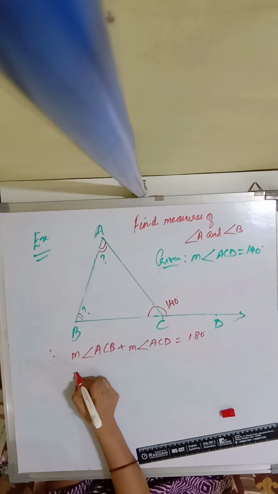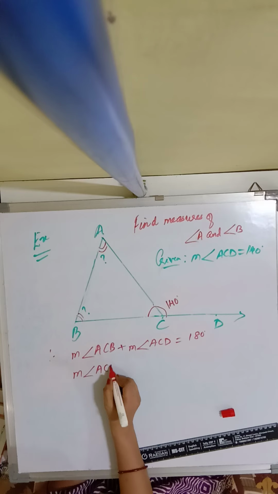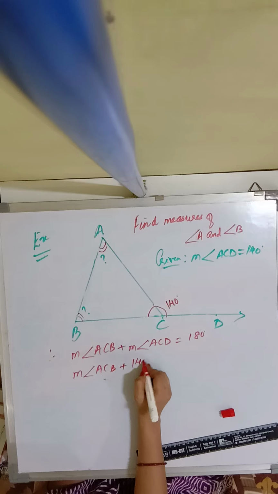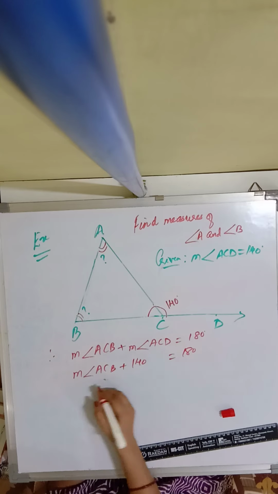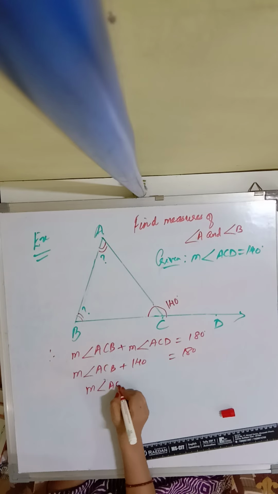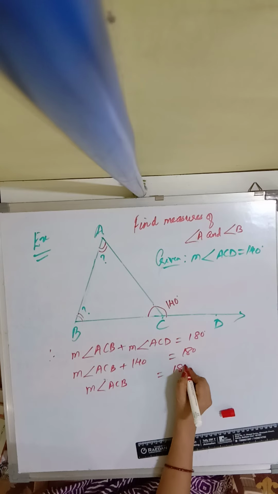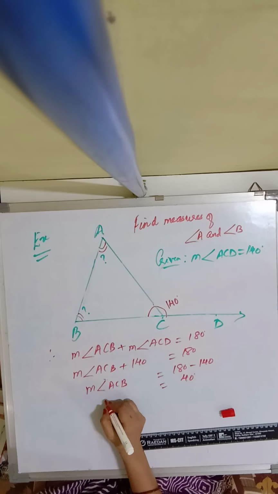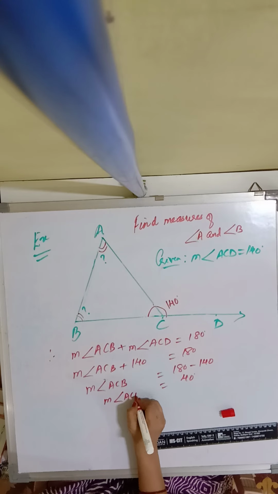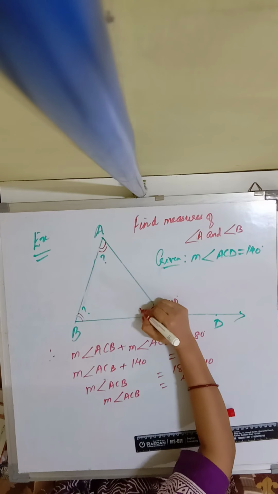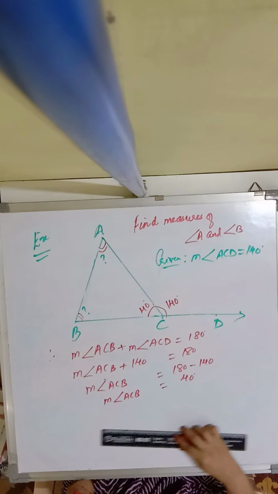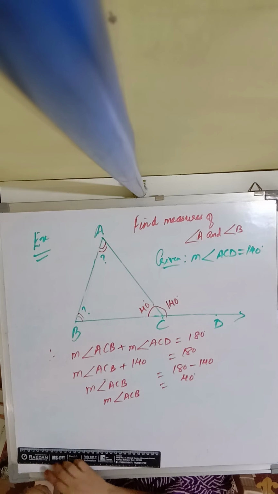Therefore measure of angle ACB plus 140 is equal to 180 degree. So measure of angle ACB is equal to 180 minus 140, and that is equal to 40 degree. So we have got one particular angle as 40 degree.